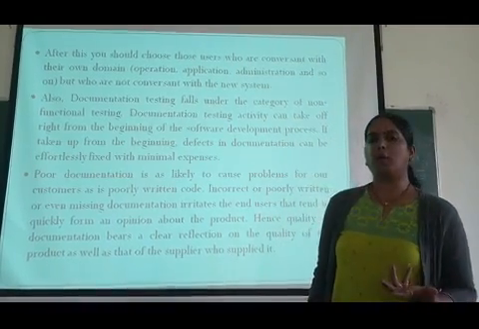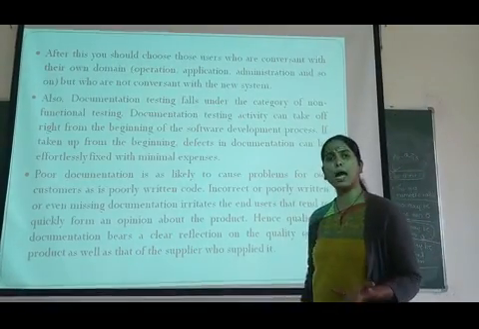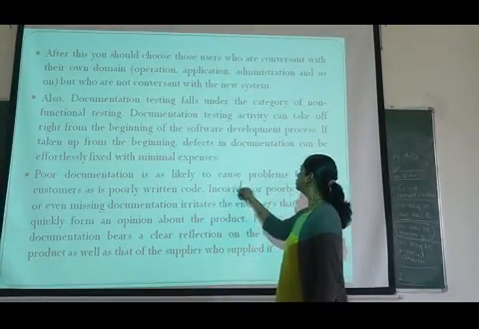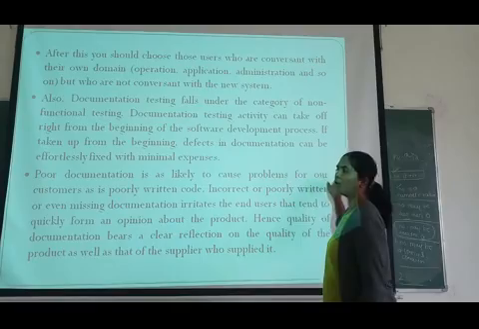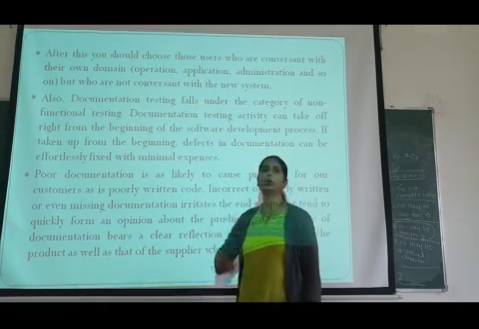Now the poor documentation. See what will happen if the documentation is not appropriate, which means that the poor documentation is likely to cause problems for our customer, as is poorly written code.